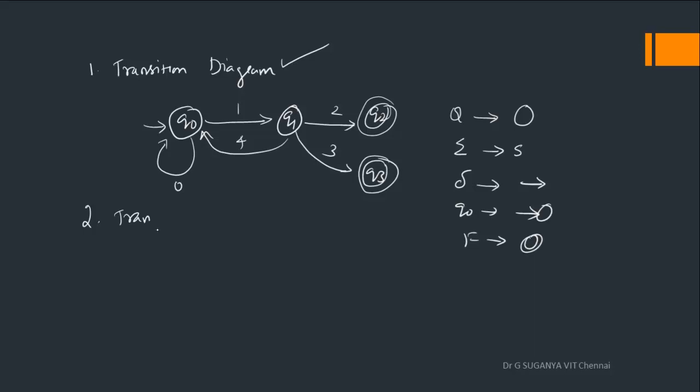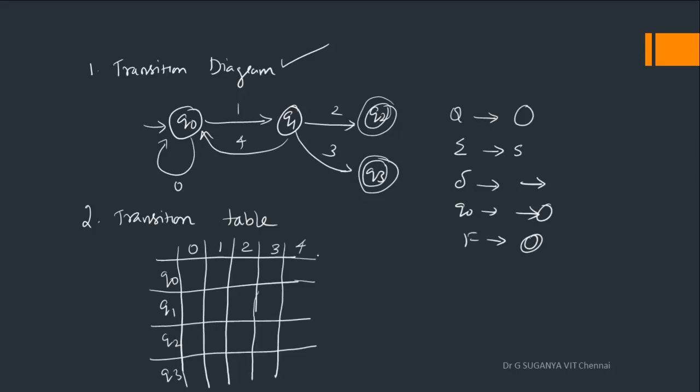So we do have another representation model of finite automata, which is the transition table. As we know, the name table itself represents a two-dimensional matrix format. So the rows will have the states. So we do have 5 input symbols. Just write down the transition from Q0 when you apply 0. What is the destination? Again it is Q0.